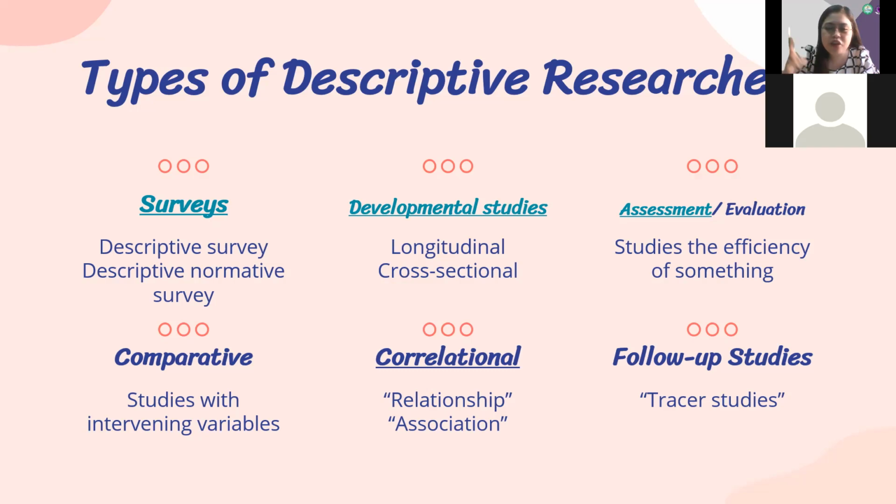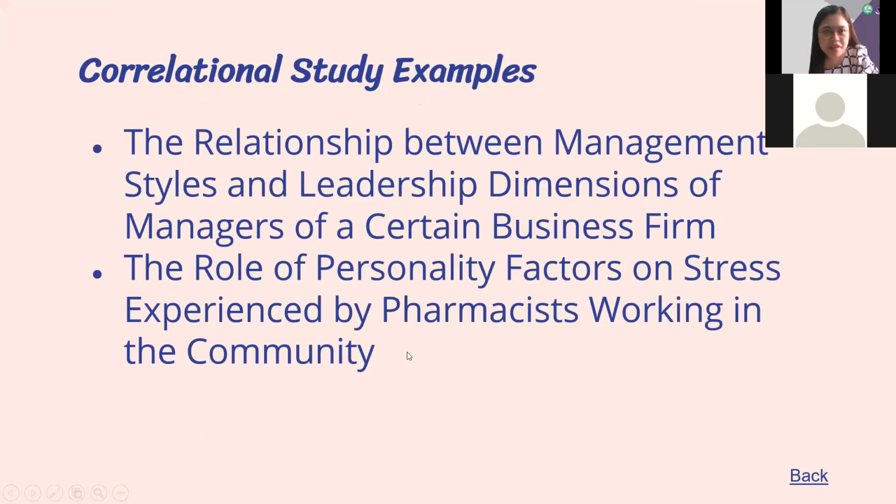If there is a question asking for the significant relationship, then again, your study is correlational. Example, is there a significant relationship between the demographic profile and the practices of the respondents? Correlational yan siya. Kasi you are asking about the relationship.